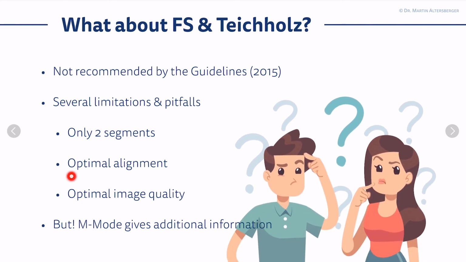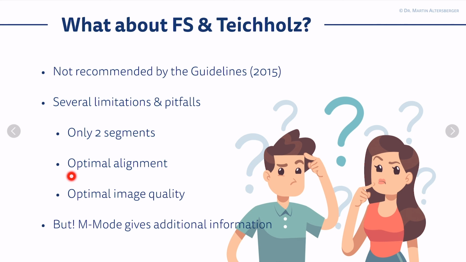Overall, I never mentioned Teichholz or fractional shortening. While the Teichholz formula and fractional shortening are ways you can measure the left ventricular function, so left ventricular ejection fraction by Teichholz, this overall is not recommended by the guidelines, and we do not perform it in our Echo Lab, as M-mode holds several limitations and it does have several pitfalls.